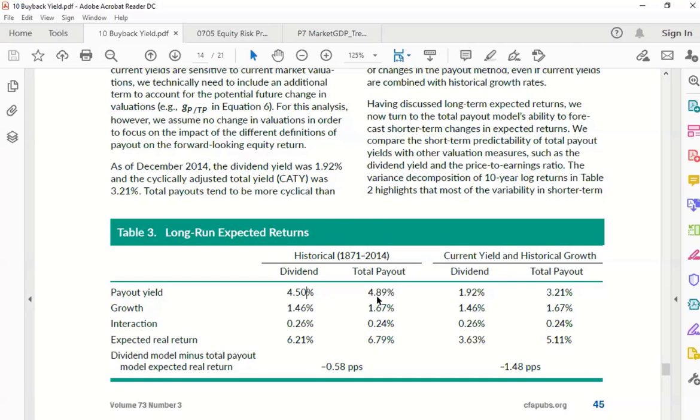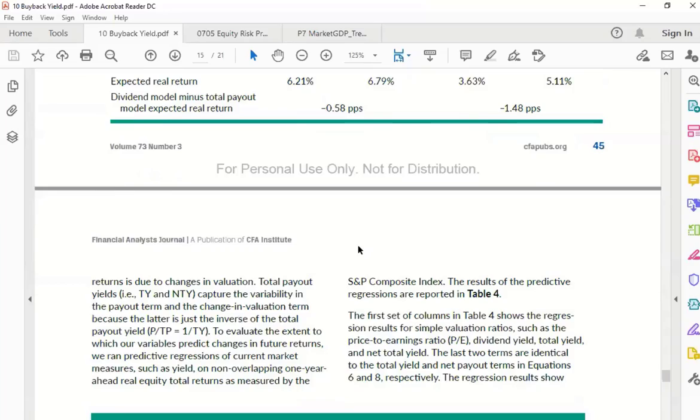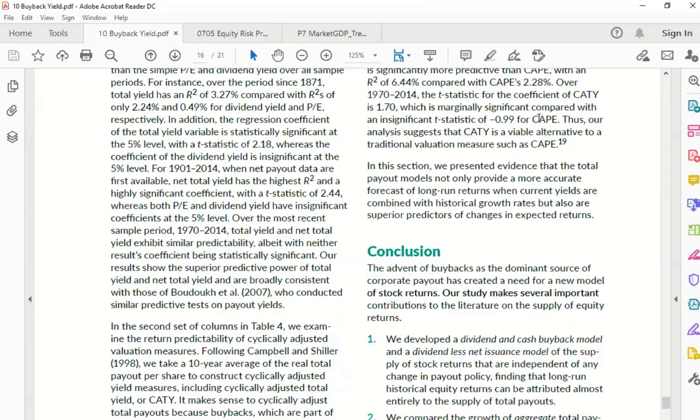That's why we ignored it. But if you look at the current, the dividend yield is 1.92, and the total payout's 3.21, which means the stock repurchase is like 1.3, 1.4%. So it has had an impact. So I think that's the table I actually like using the most.